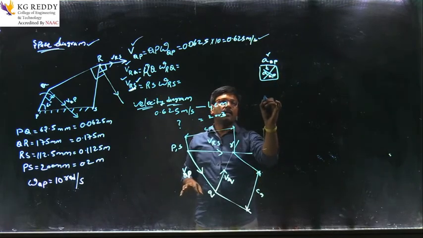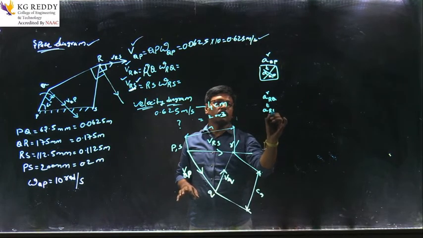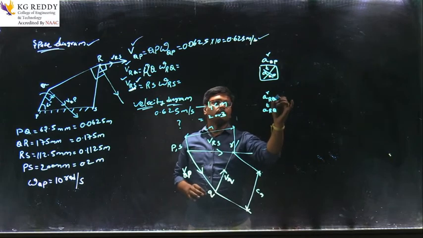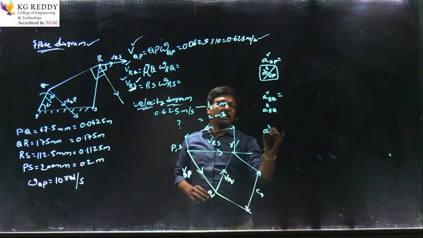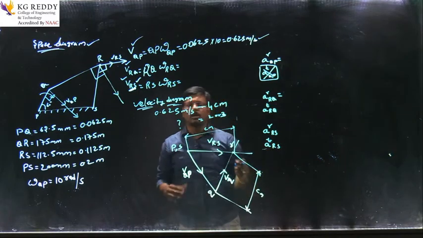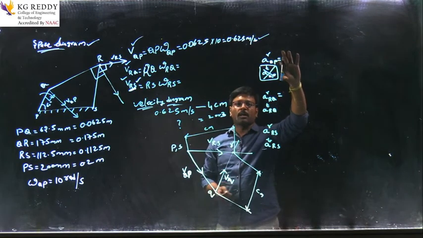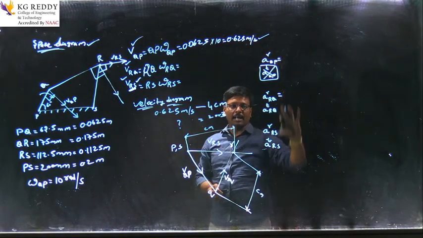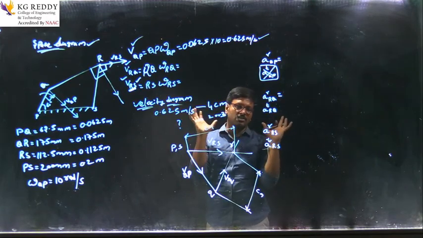And the next, the radial component of R with respect to Q and the tangential component of R with respect to Q. Next, the radial component of R with respect to S and the tangential component of R with respect to S. If you write like this, we will get clarity on how to make an acceleration diagram.